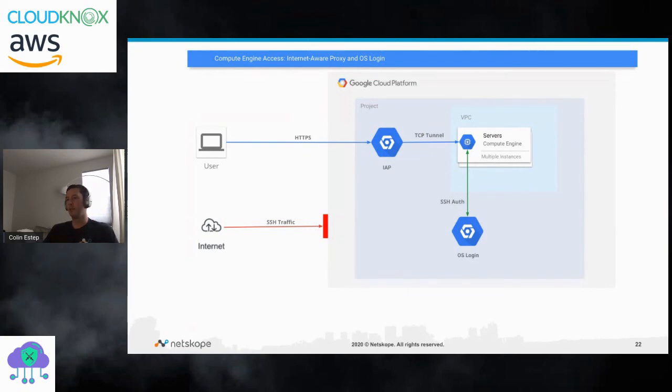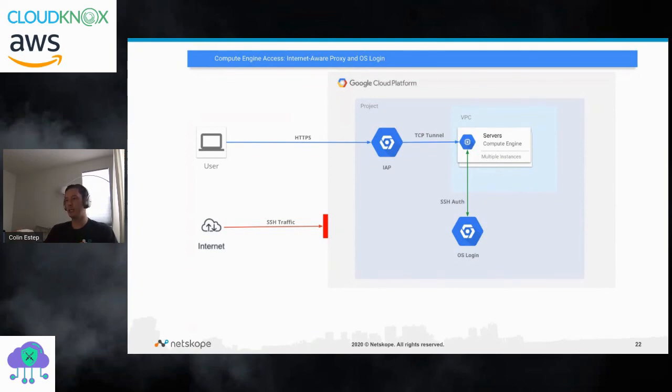What I have to do is enable Identity Aware Proxy, or IAP, in the project itself. You'll notice in the diagram, I have the Google Cloud Platform box, and then a project box within that.